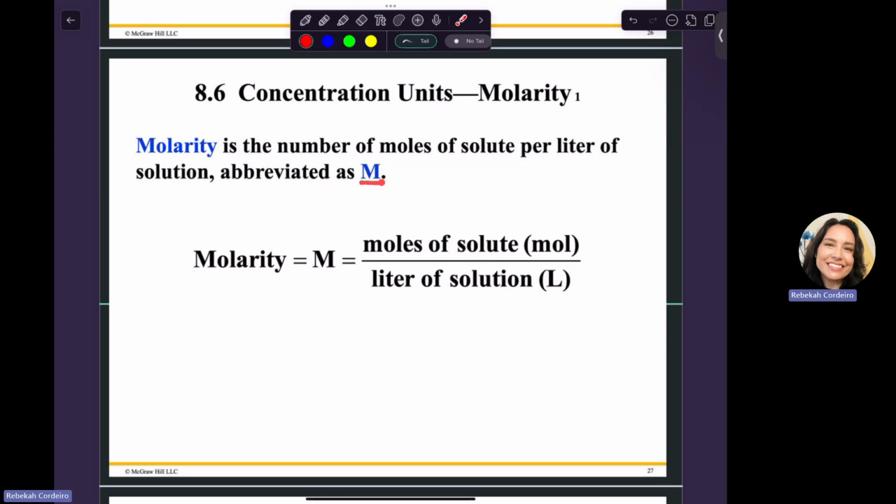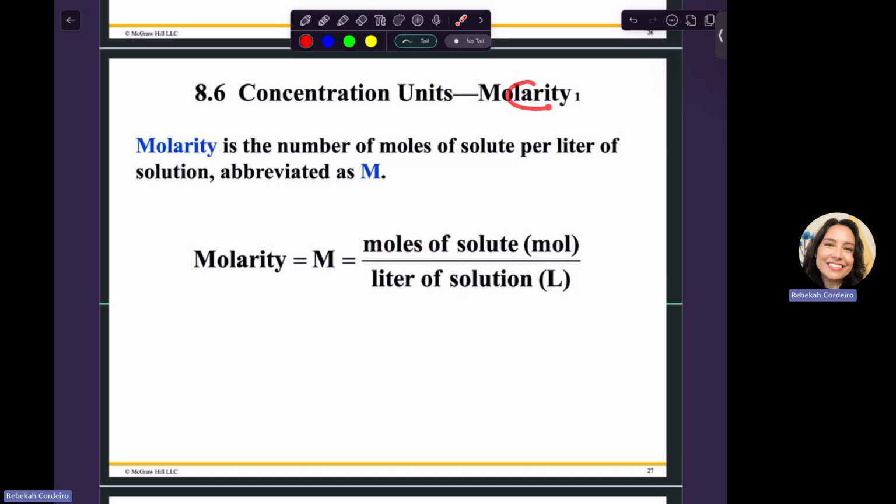Here, M is a unit, though it can stand as a variable sometimes, so be careful because it could be both. We're going to use it as a unit, and it means moles of the solute over liters of the whole solution. It's just like weight of solute over milliliters of solution, except we're talking about moles over liters.